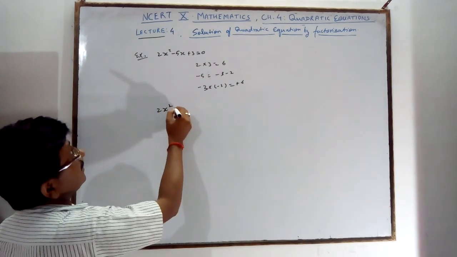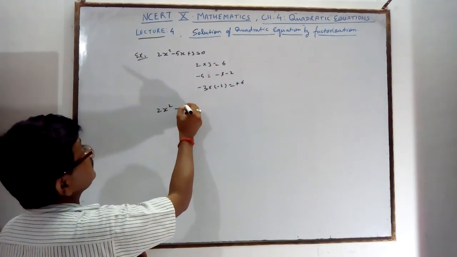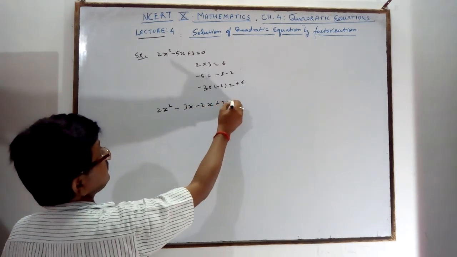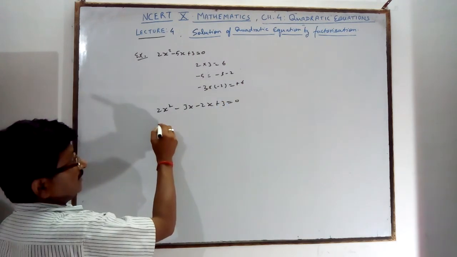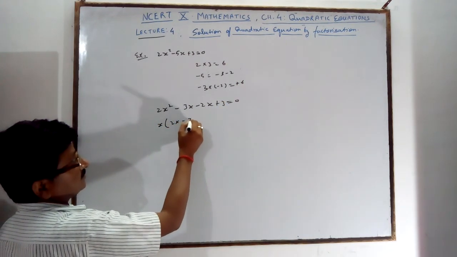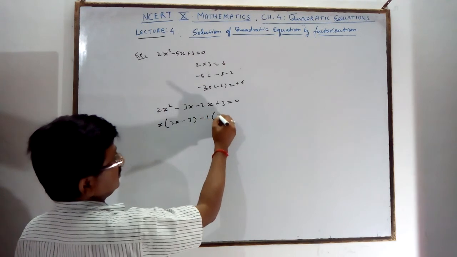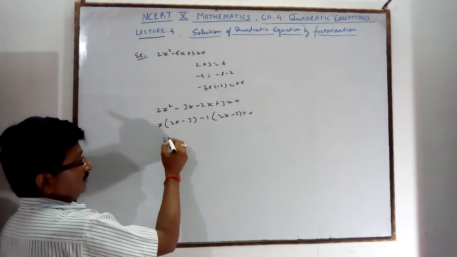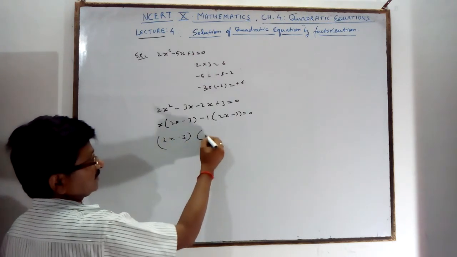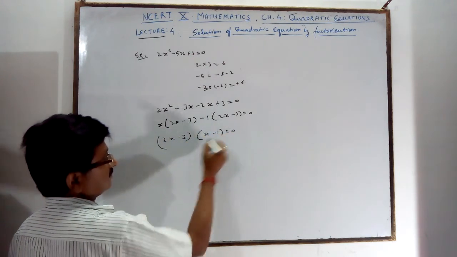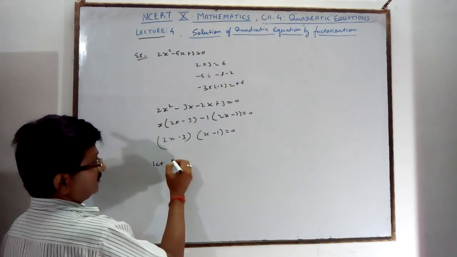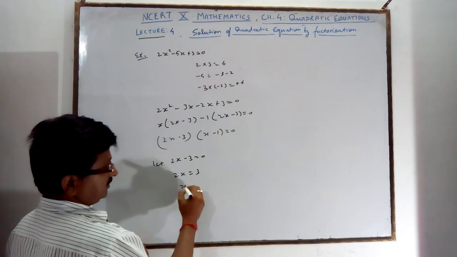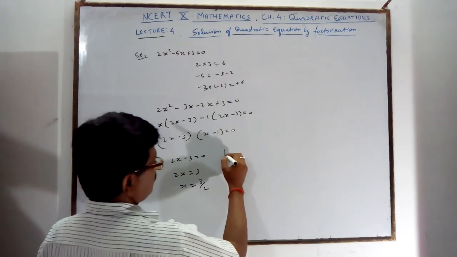So 2x square minus 5x becomes 2x square minus 3x minus 2x plus 3 is equal to 0. x is common, you get x into 2x minus 3. Minus 1 is common, you get minus 1 into 2x minus 3 is equal to 0. Now you are getting the two linear factors. Let 2x minus 3 is equal to 0, then 2x is equal to 3, then x is equal to 3 by 2.